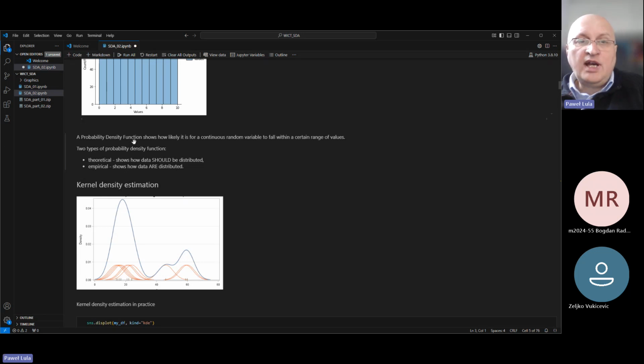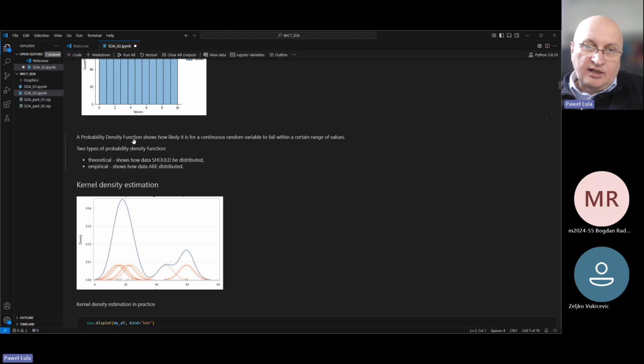Theoretical, when we are talking about the mathematical background of our distribution. So we know some mathematical rules which are used for generating this random data, and on the basis of these rules, we can define this distribution.